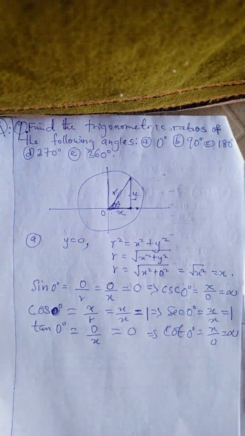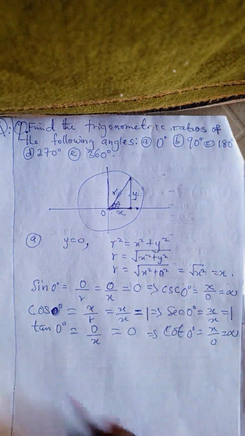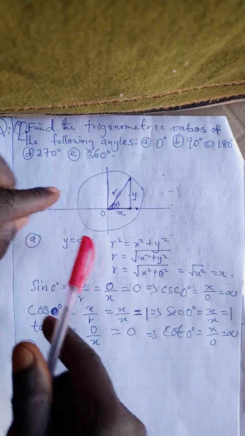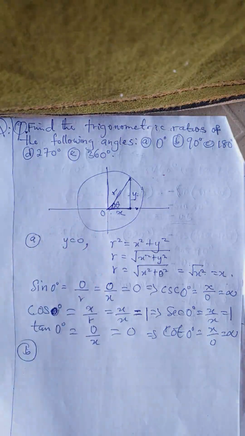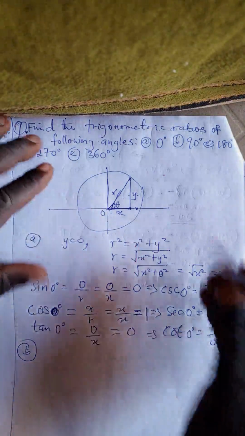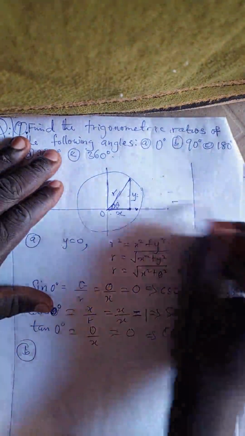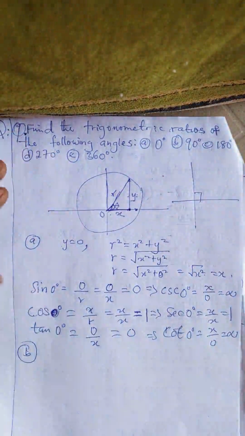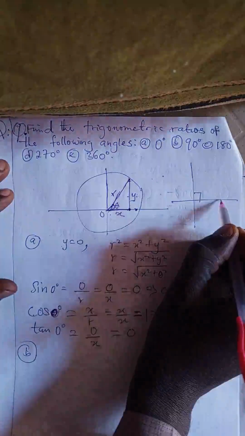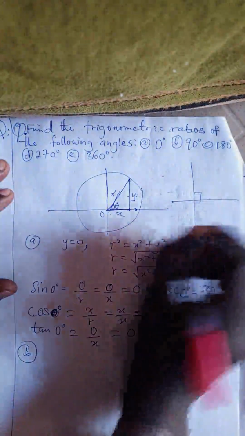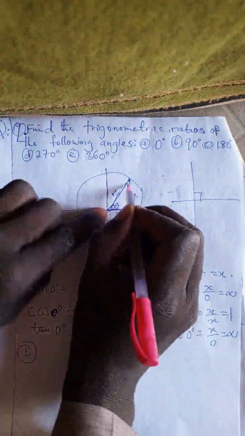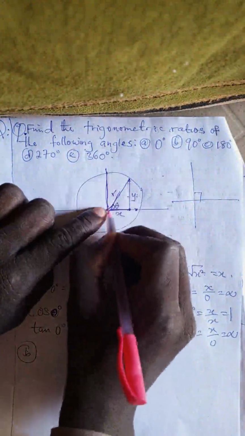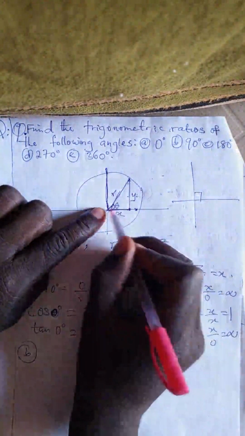Now, I think we can quickly go ahead and find the answer for B. When theta is equal to 90 degrees, this is what happens. Theta is 90 degrees. So theta is here, and what happens is that you can easily compress this triangle so that R, the hypotenuse, will submerge into the y-axis.